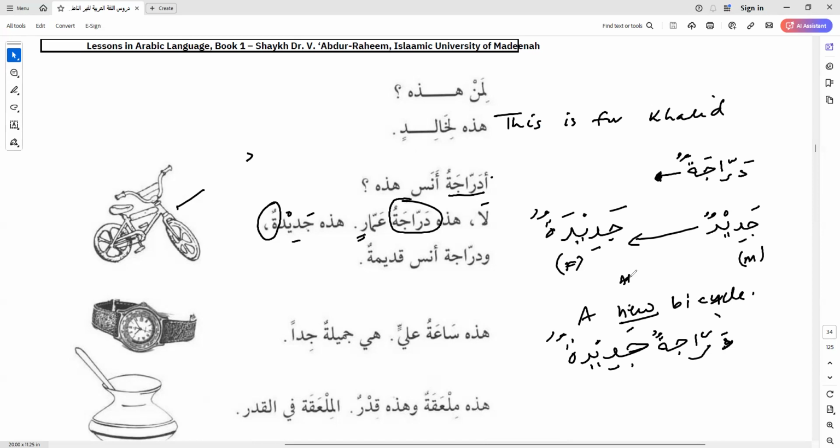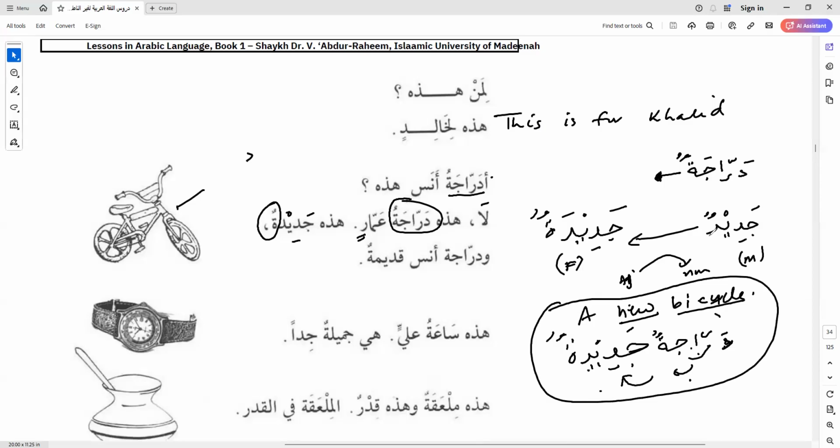This is the adjective, and this is the noun. And we are using the adjective, or the modifier, to talk about the noun. Now, the arrangement in Lughat al-Arabiyya is different. The bicycle comes first, followed by the adjective. Darajatun jadidatun, literally a bicycle new. So this is another area that you need to try and master. Don't repeat the adjectival arrangement of English in Arabic. It's going to sound so funny.